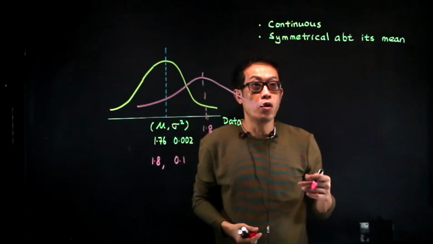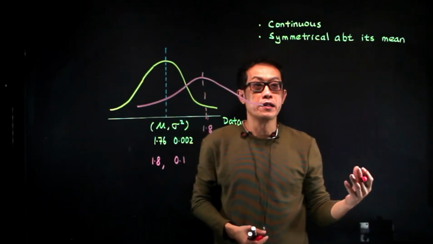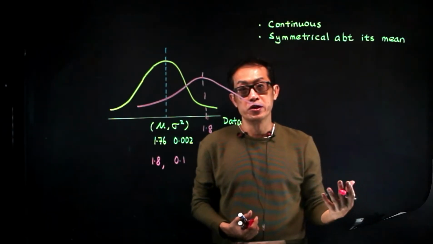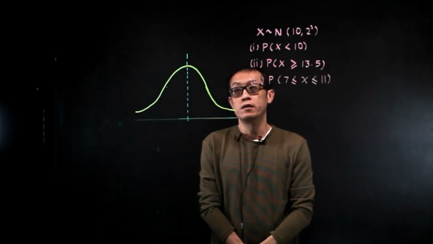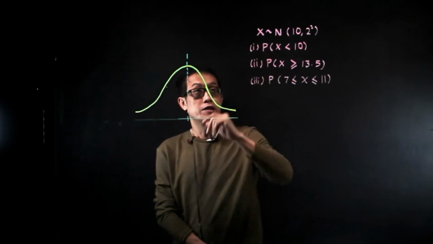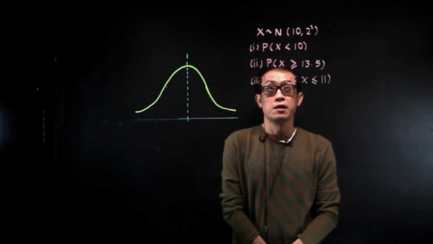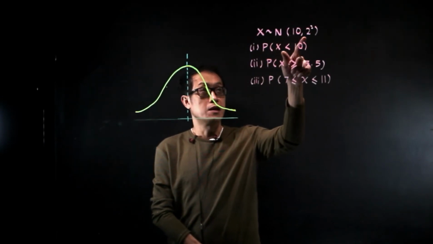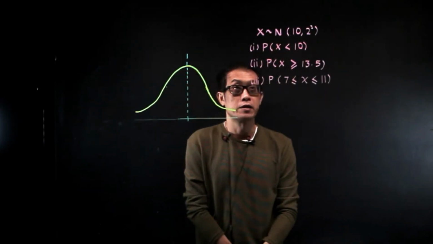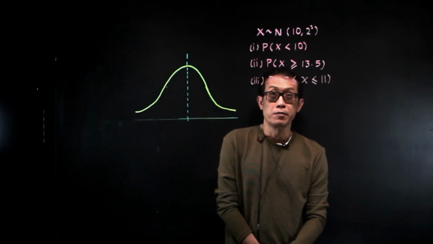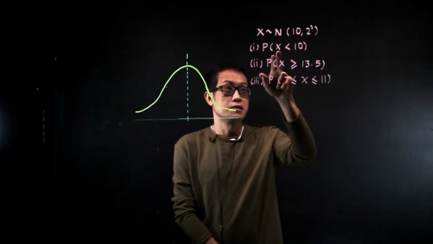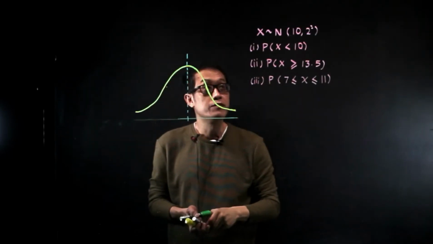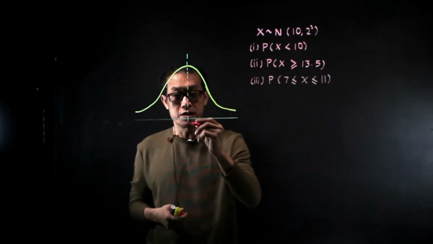Now we will go on to learn how to calculate the probability of a given normal distribution. Question 1. You are given that the random variable x has a normal distribution of mean 10 and variance 2 squared. You are asked to find the probability that x is less than 10. Let us draw the graph, and this is the mean.